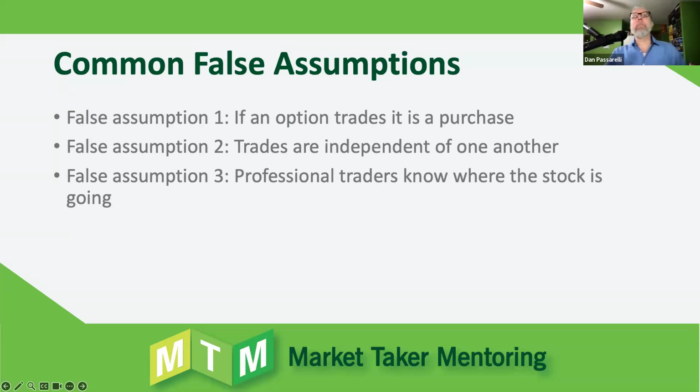False assumption number one. If an option trades, it's a purchase, meaning somebody's buying them. Well, that's not true at all. In fact, I just proved that that's not true. Because for every long option, there is a short option.